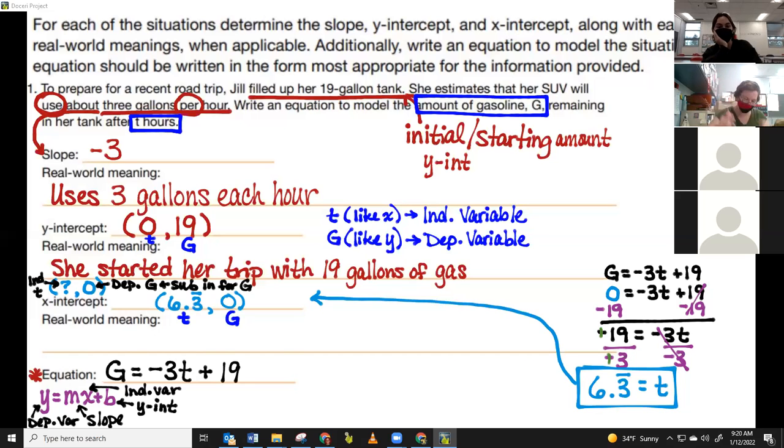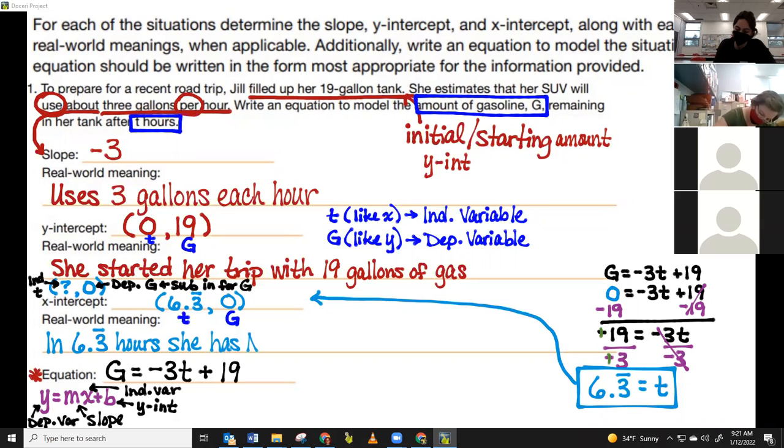That is exactly right. In 6.3 hours, and if you just write 6.3 or 6.33, that's totally fine. In 6.3 hours, she has no gas left.